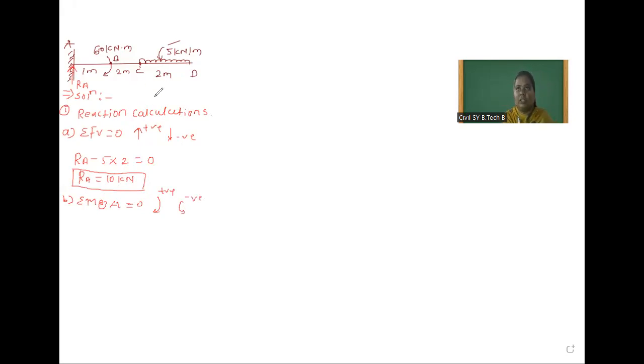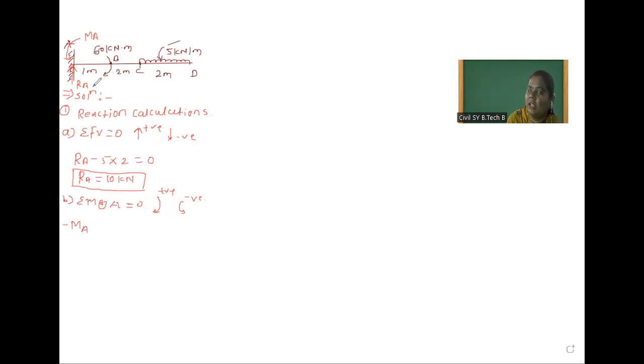According to this, we will start from point D. Here one end is fixed, so due to this fixed end, one moment will be there, and this moment we mark as MA. This MA is going anti-clockwise, so minus MA.